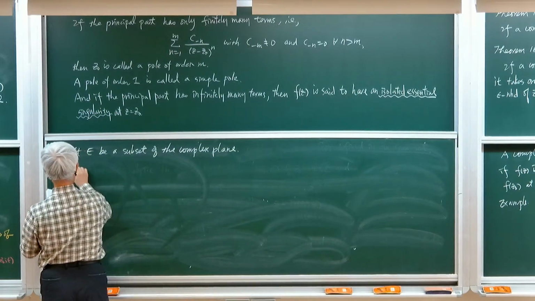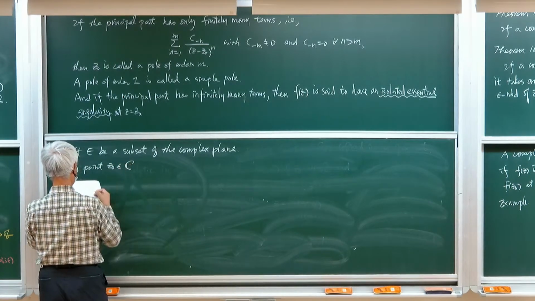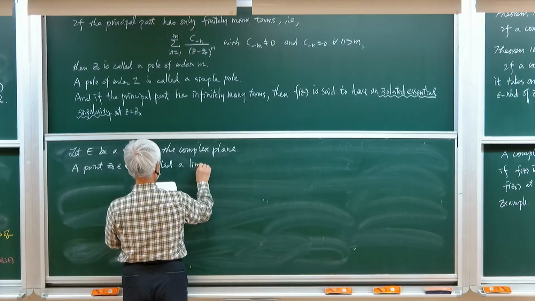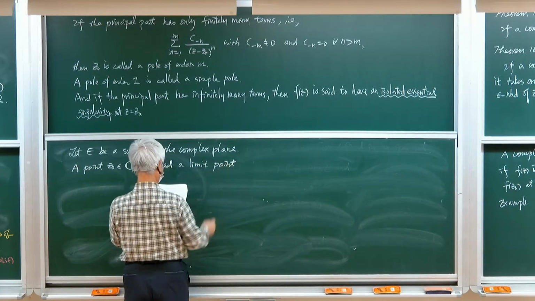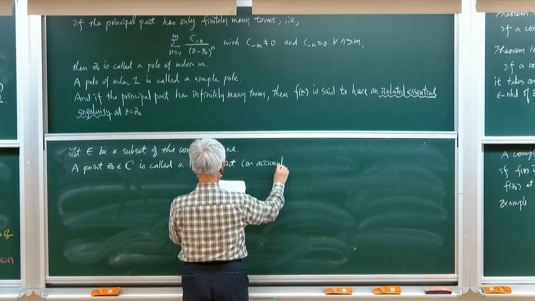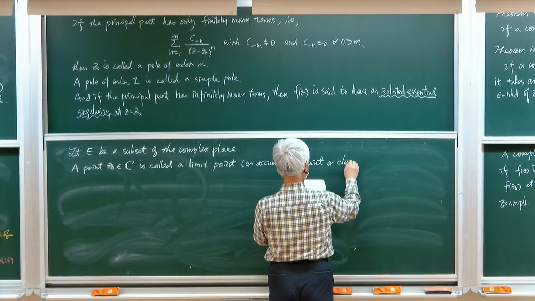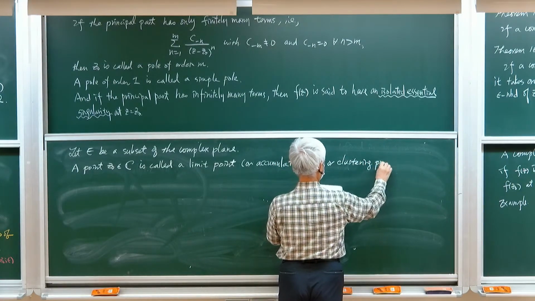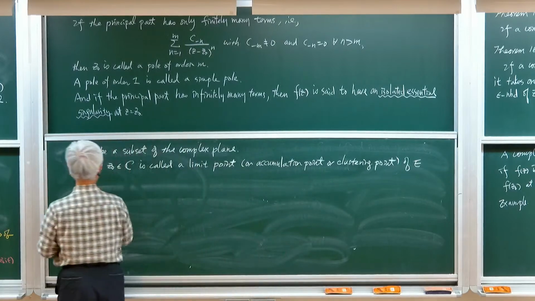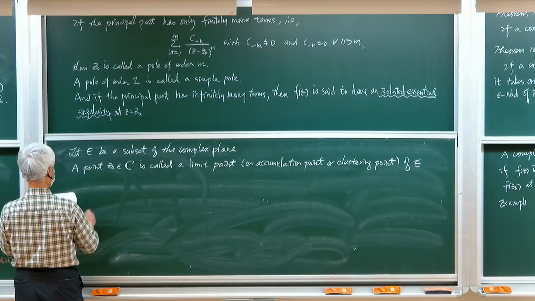Now a point Z0 in the complex plane is called a limit point, or sometimes called an accumulation point, or sometimes called a clustering point, of E.